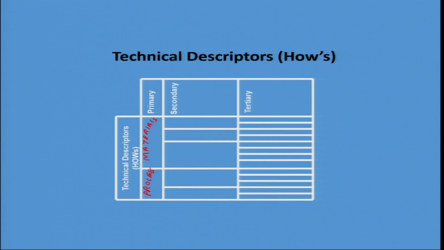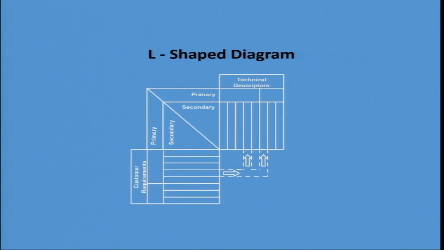And then what are the secondary things related to that, like if it is a welding operation, what type of welding rod you are going to use, what temperature, what environment, and so on. And then there are tertiary things also associated with that, how you are going to achieve that. So, these are the technical descriptors which we have to identify.